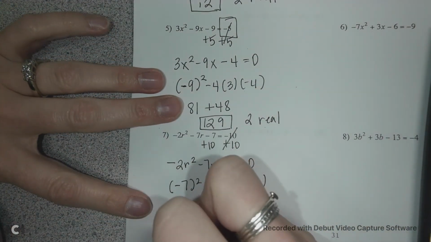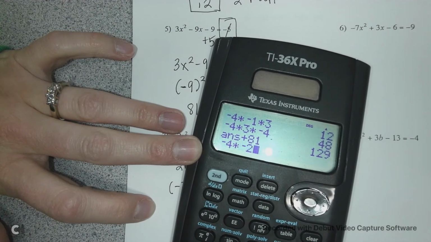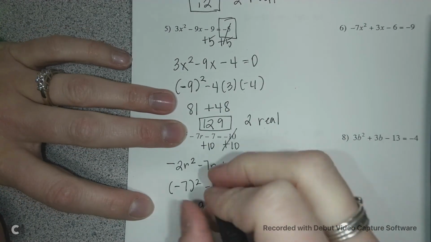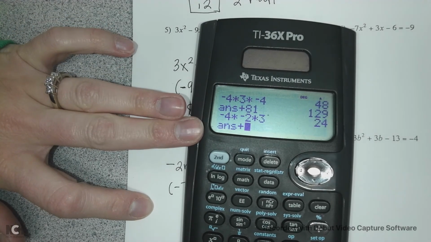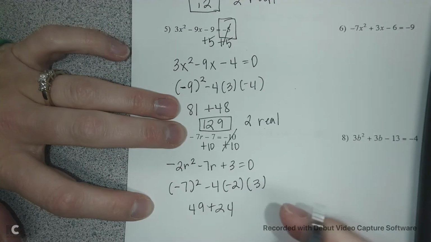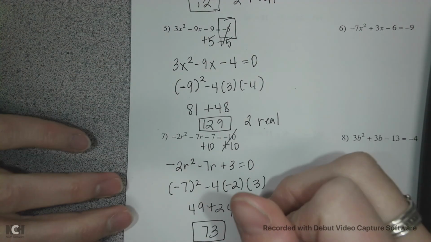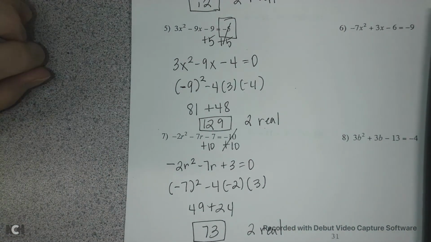So negative 7 squared is 49. Then I have negative 4 times negative 2 times 3. Is that right? Yes. And I get 24. And 24 and 49 are 73. So that's my discriminant. And since this is greater than 0, then I have 2 real solutions.